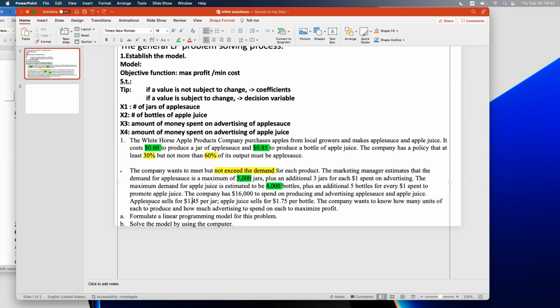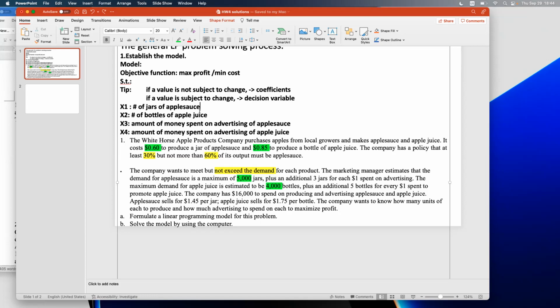So lastly, applesauce sells for 1.45 per jar. So that's the selling price. And the company wants to know how many units of each product to be produced and how much advertising to spend on each to maximize profit. All right. So through these 2 paragraphs, we know 4 changeable things.